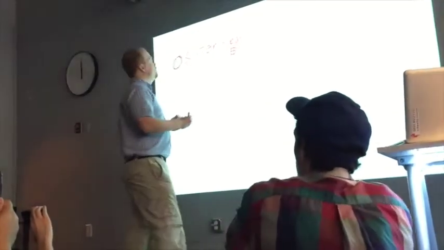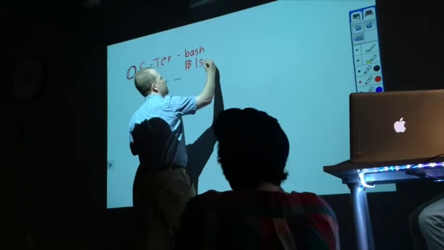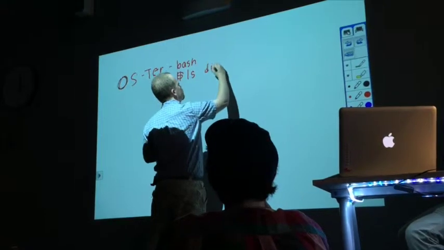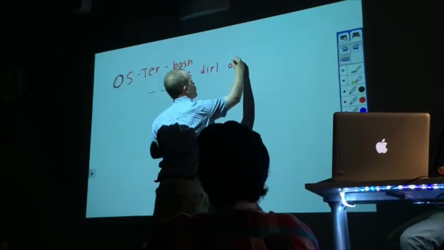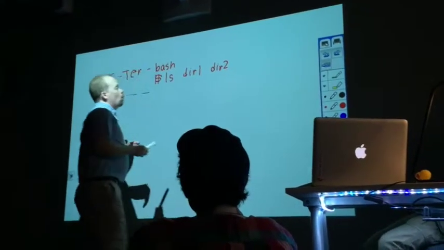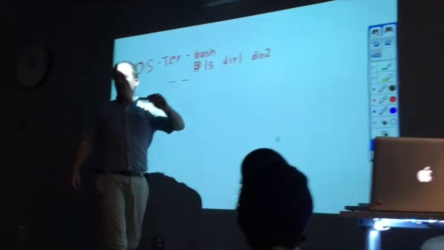What happens when you give it a command? We'll take a standard ls command with two directories, directory 1 and directory 2. Bash will go through these characters and evaluate them.